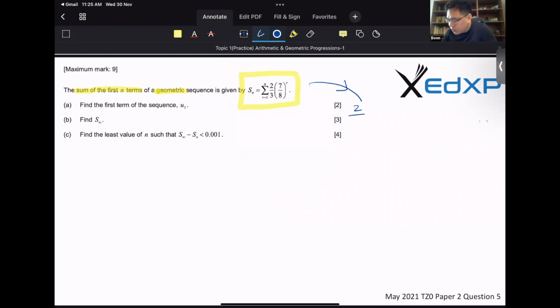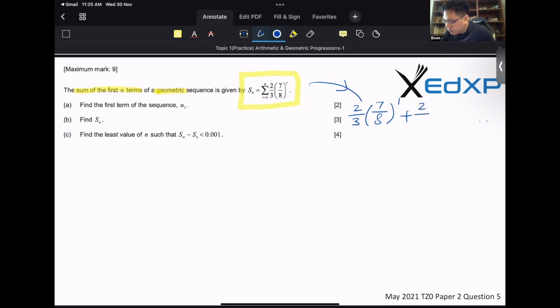So we get 2/3, the first term that comes out of this sigma notation is 2/3 times (7/8) to the power 1, okay, because r equals 1. And to get the second term, we sub in the next integer, which is 2, all the way until n. So 2, 3, 4, 5, all the way to n. Okay, so this stops at the nth term.